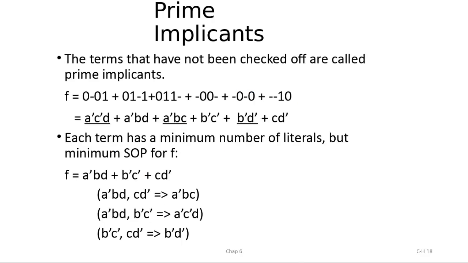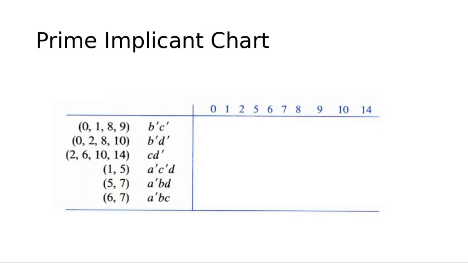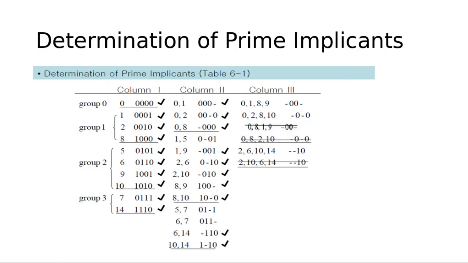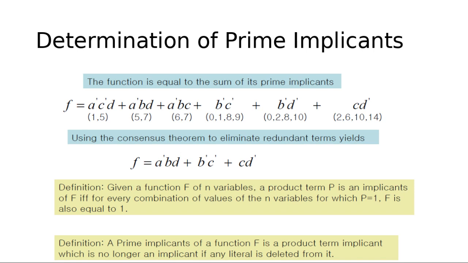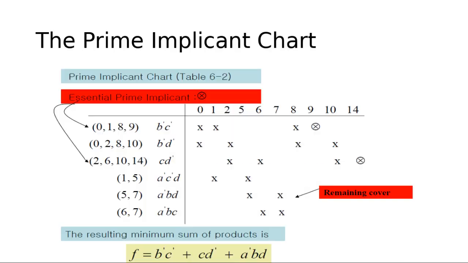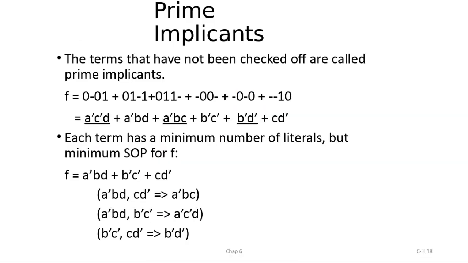So we will look at this definition, right? There were two definitions in here. Let's see the definitions. The terms that have not been checked off are called prime implicants.